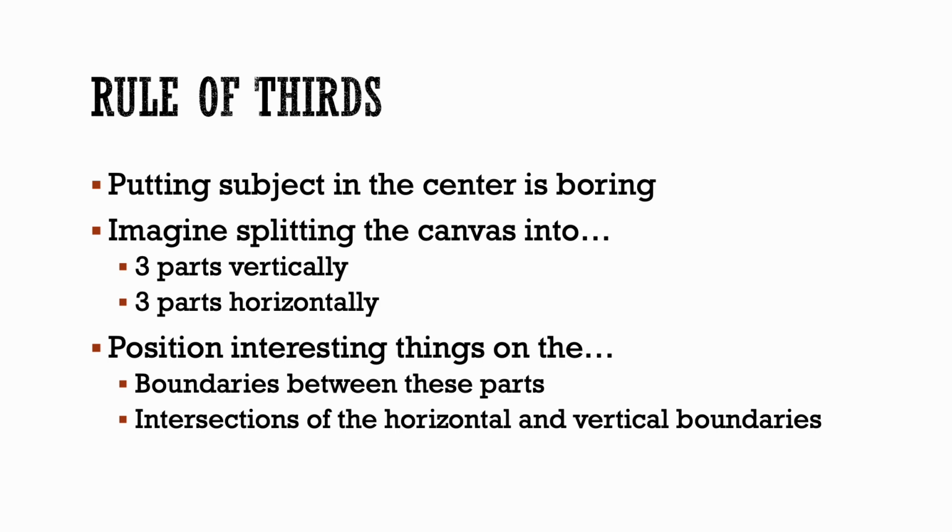So if you imagine splitting the canvas into 3 parts vertically and 3 parts horizontally, you can position interesting things like people or dogs or trees on the boundaries between these parts. And intersections of the horizontal and vertical boundaries are good places to put a main focal point, like someone's eye or their nose.